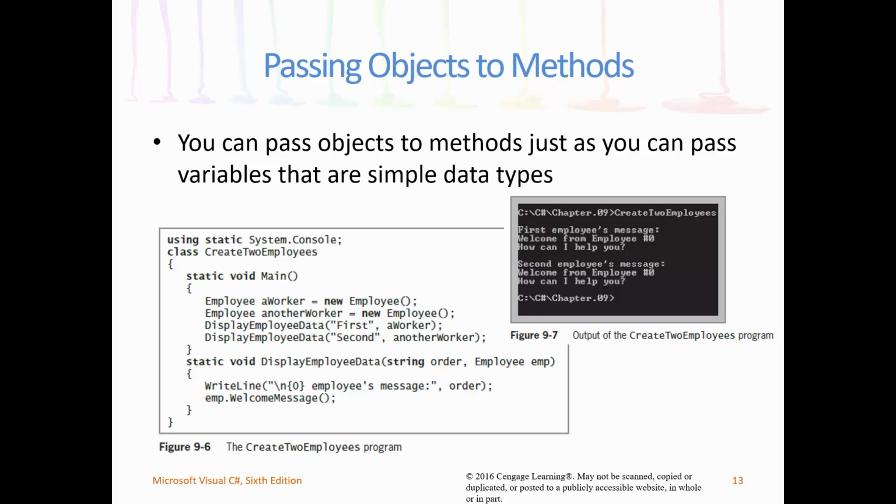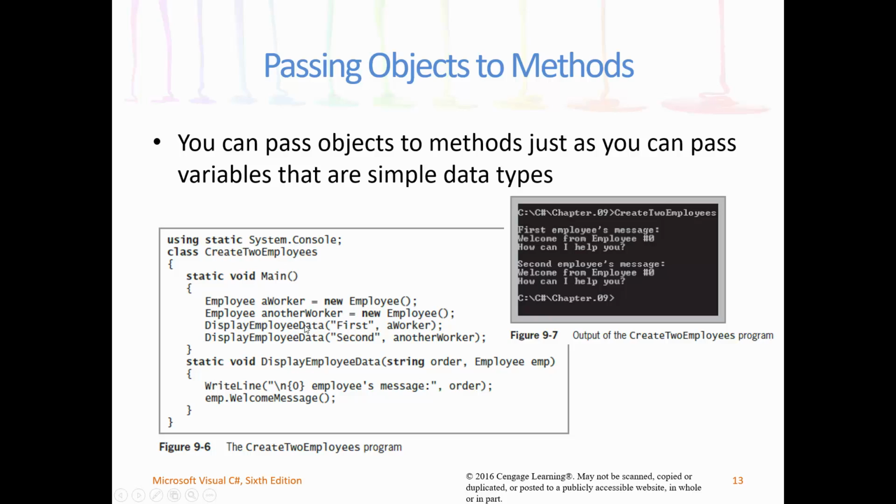Just like you pass, for example, an integer or a float or a double or a string to a method, you can pass an object to a method. So if we look at this, notice what we have here. Here we're creating one employee object that's called a worker. Here we're creating a second employee object that's called another worker.